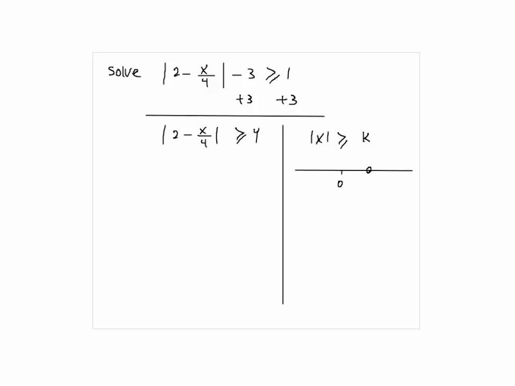So if this is k, and this is minus k, it would be all the numbers to the right of k and all the numbers to the left of negative k.